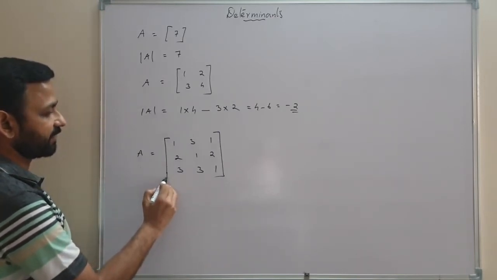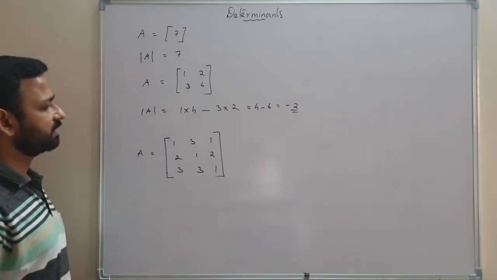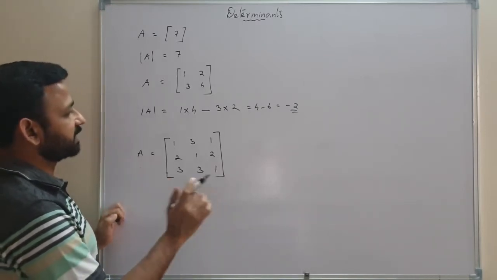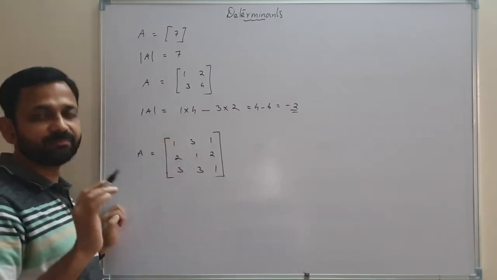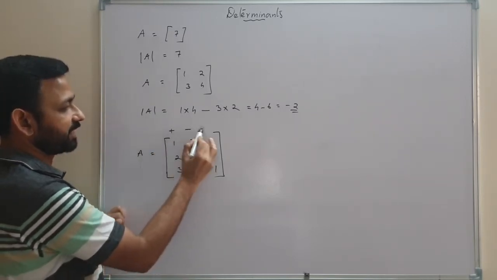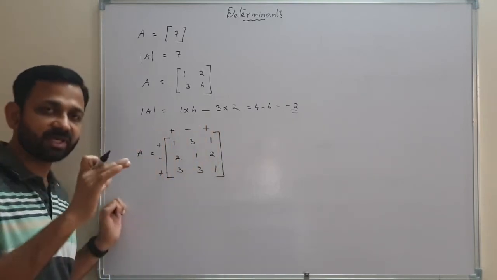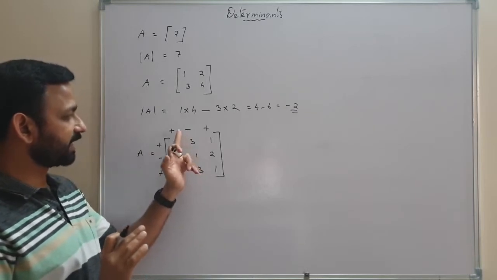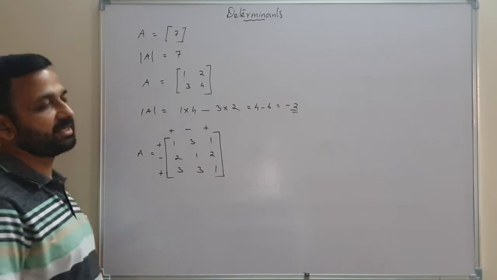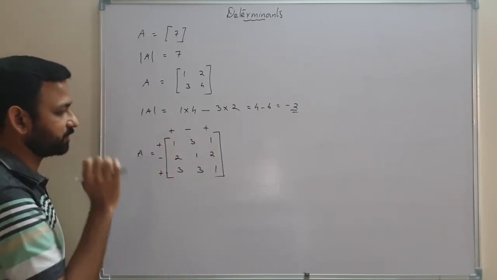When we find the determinant of this matrix, we can follow a shortcut method, or we can follow one rule. The signs are positive, negative, positive, positive, negative, positive; that is the order of the signs. I will explain why it is negative, why it is positive, etc., after explaining how to find the determinant.